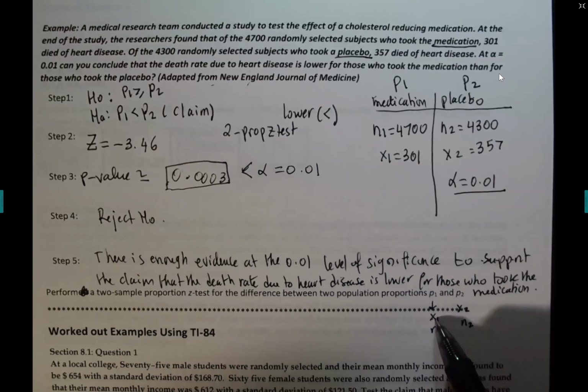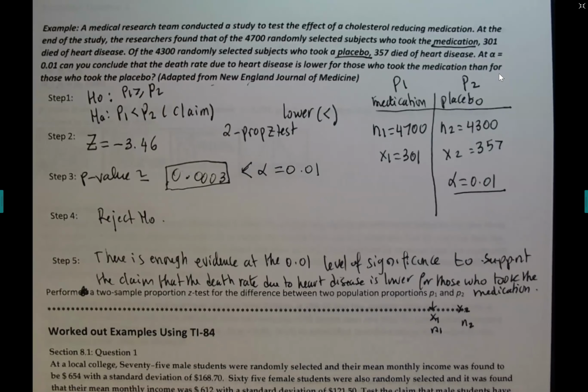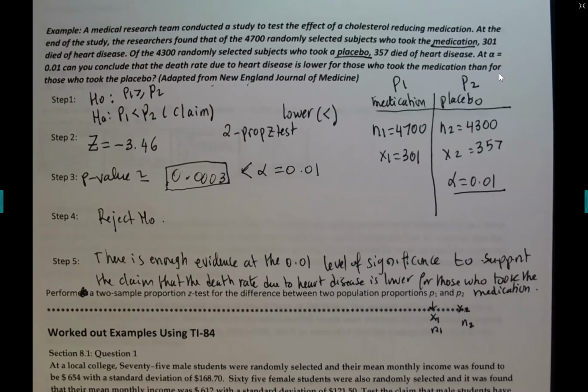Sometimes he doesn't give you x1 and x2; he gives you p1 and p2. You just multiply p1 by n1 to get x1 and multiply p2 by n2 to get x2. So I gave you two different examples, one where you are given x1 and x2, and the other where you are given p1 hat and p2 hat.